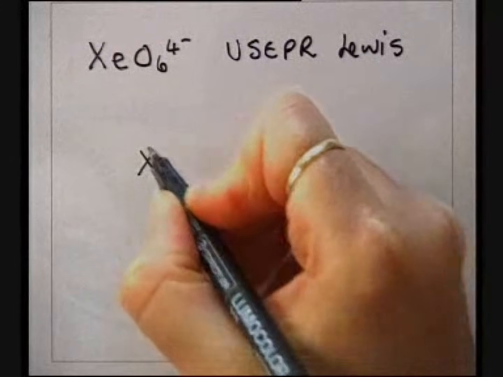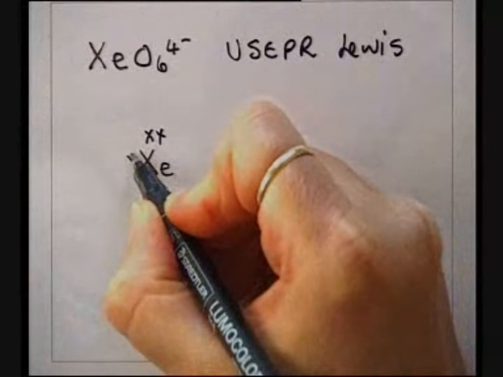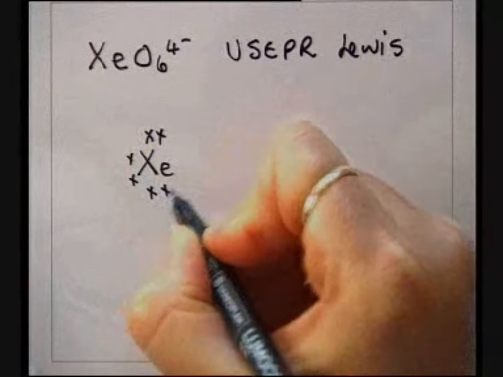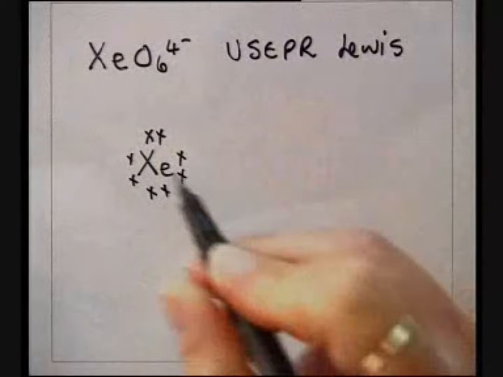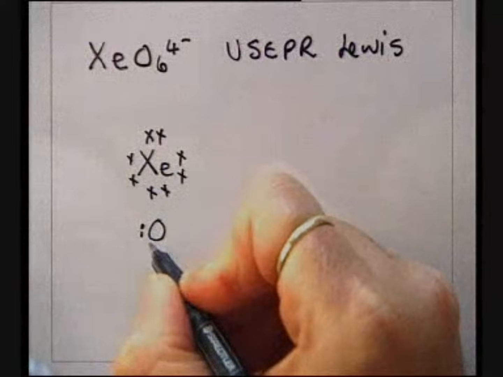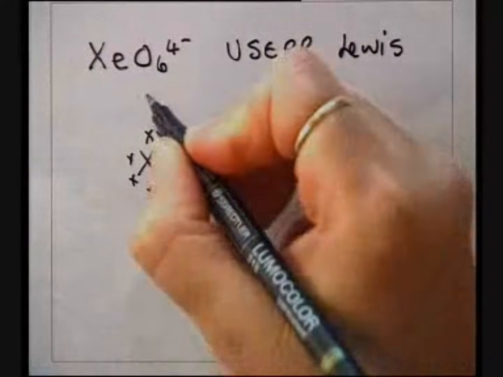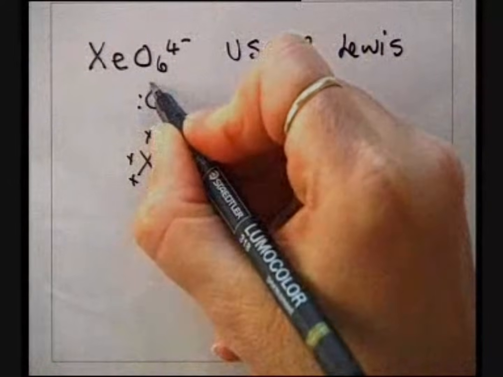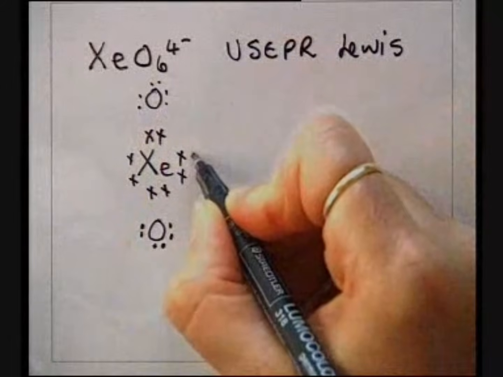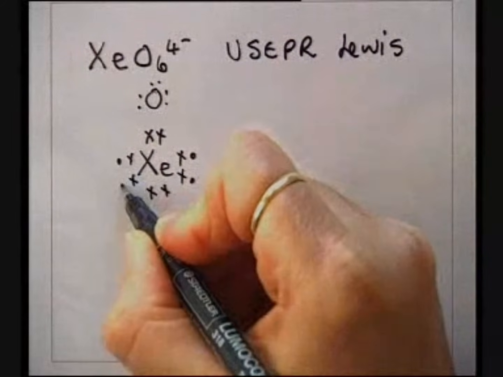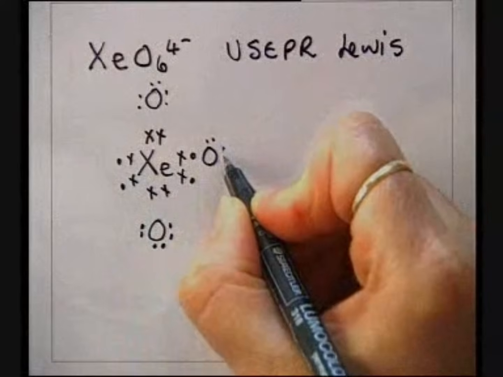Central atom xenon, 8 valence electrons. 2 oxygen atoms having 6 valence electrons. 4 oxygen atoms having 7 valence electrons.